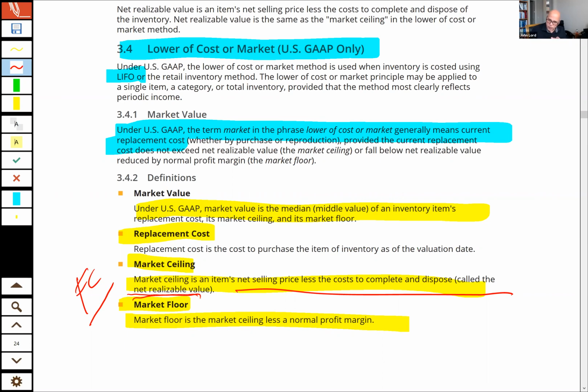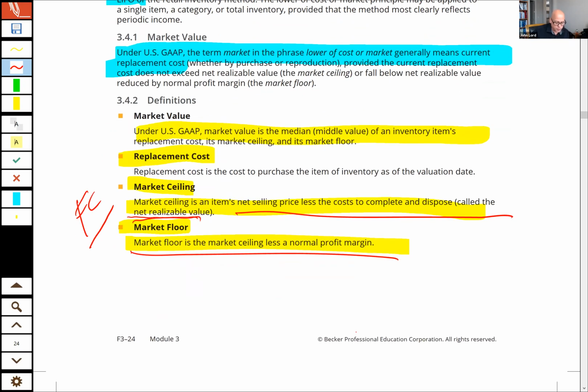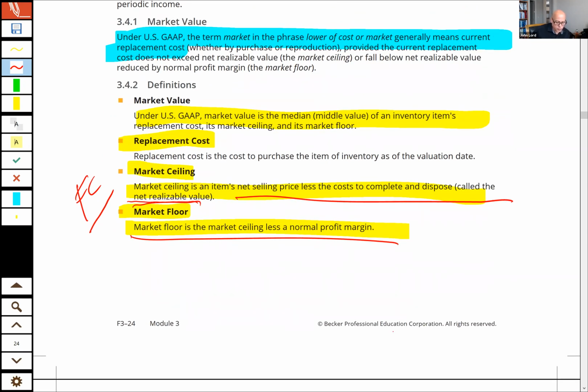That will come off of your net selling price in calculating your market ceiling. Once you have the ceiling, you can calculate the floor. The floor is the net realizable value, or the ceiling, minus normal profit. Okay, so that sounds harder than it is, guys. I want you to flashcard the definition of ceiling and floor.